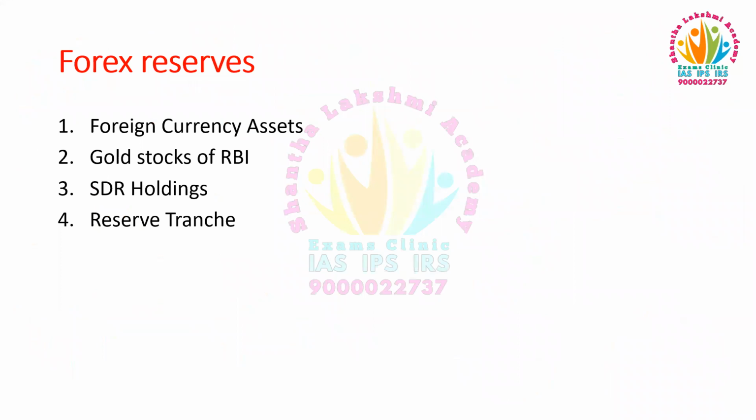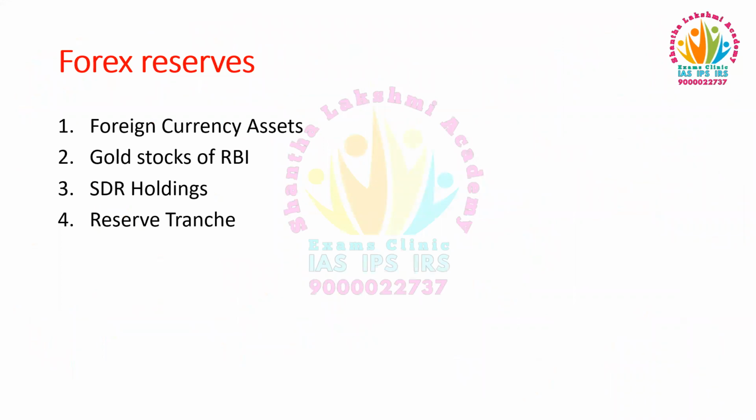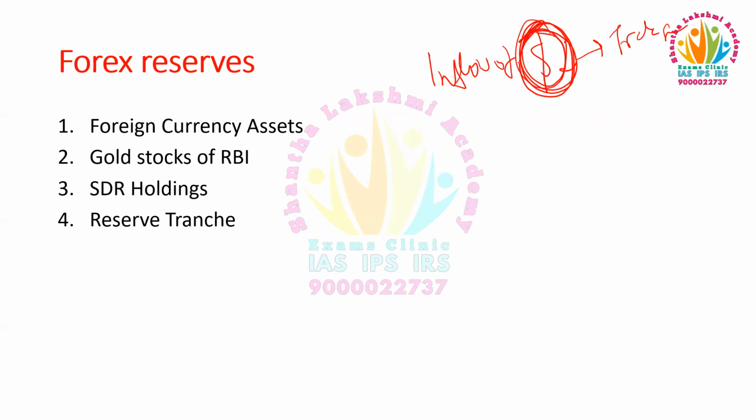Then moving forward, in forex reserves. We have discussed all these balance of payments, right? So now, due to this current account and capital account, if there is more inflow of dollars, there is trade surplus, right? Trade surplus or dollar surplus. So where will the surplus dollars go? They will be stored in the forex reserves.